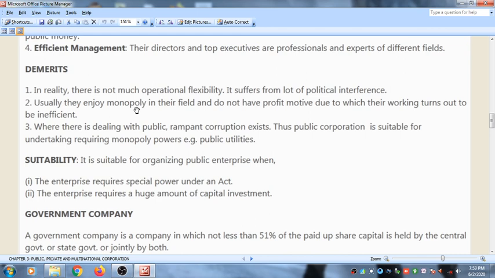These organizations enjoy the monopoly in their particular field, and as a result, the statutory corporations do not run with the profit motive, due to which it turns out to be an inefficient organization.